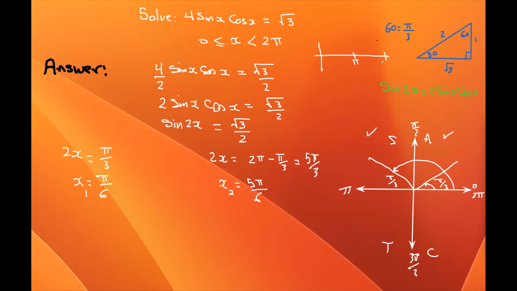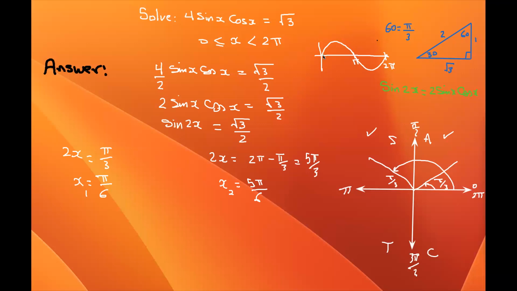So that's pi, that's 2 pi. So usually it is like this. But with sine 2x, the period becomes pi, because the period is always 2 pi over b and b is 2 here. So the period for sine 2x is going to be pi.